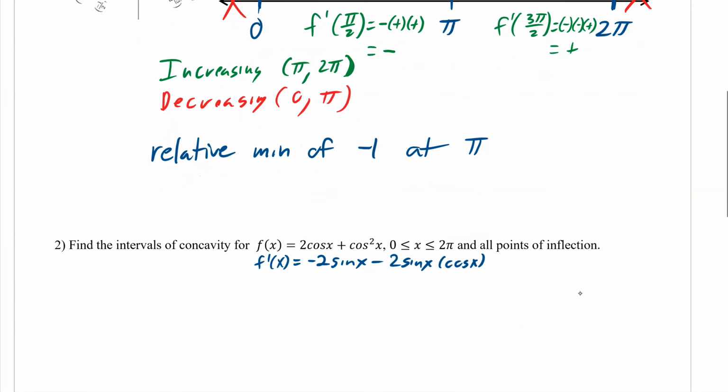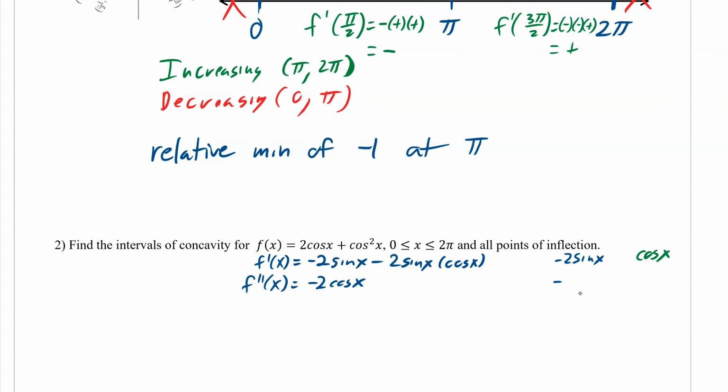Okay, so f double prime of x equals, and then this would become negative 2 cosine of x minus, and then it's product rule. So minus 2 sine x, and then I'll just get rid of that minus. We'll take care of it later. And cosine x.